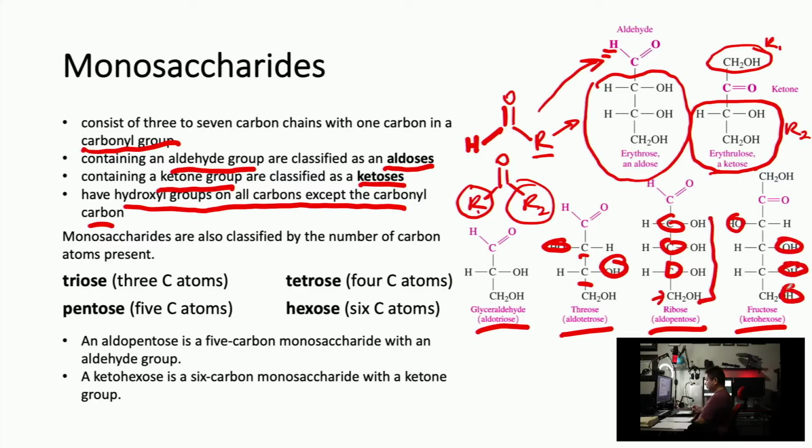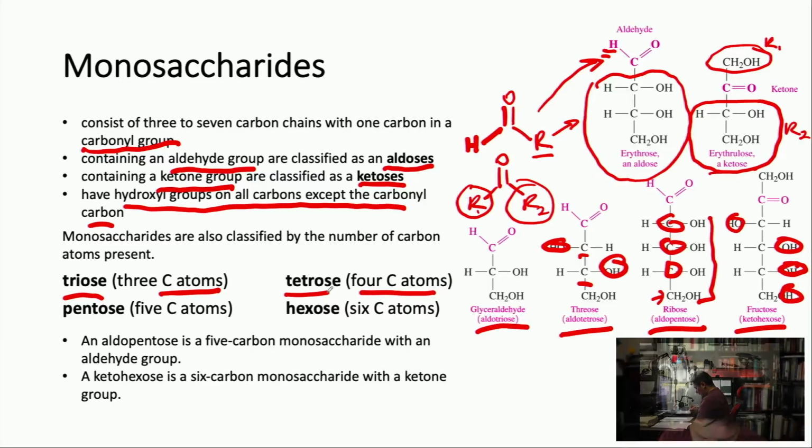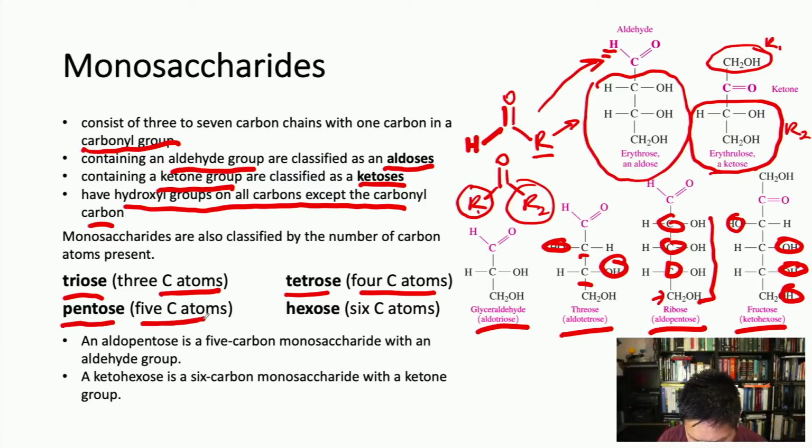Make sense? If there are 3 atoms of carbon present, then it's called a triose. If there are 4 atoms of carbon present, then it's a tetrose, like tetracycline, or tetra is Greek for 4, just if you didn't know. Pentoses have 5 carbons, and hexoses have 6 carbons. We talk mostly about pentoses and hexoses in biochemistry, though.